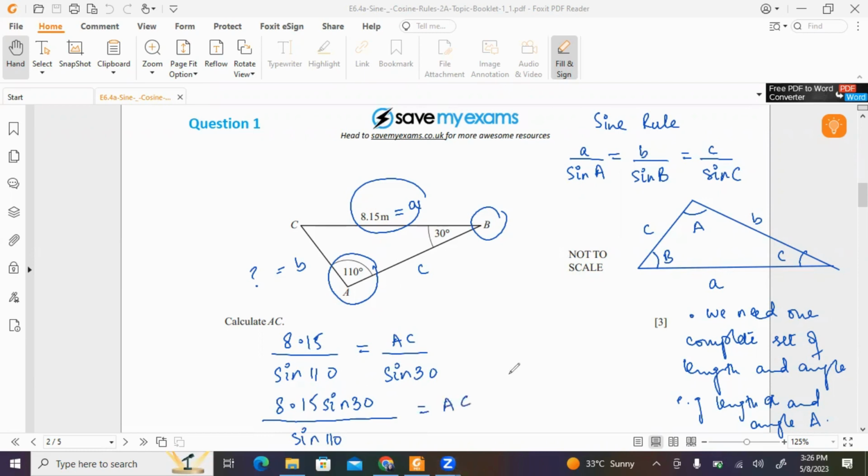I'll just plug the equation into the calculator: 8.15 times sine of 30 divided by sine of 110. So that's 4.3.